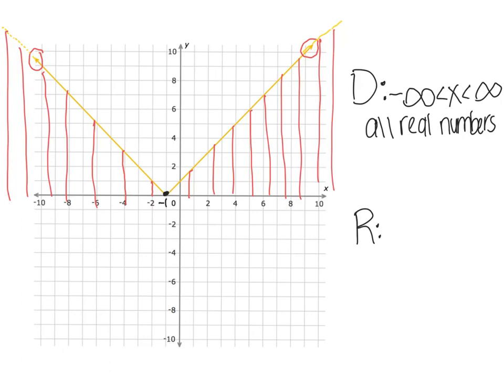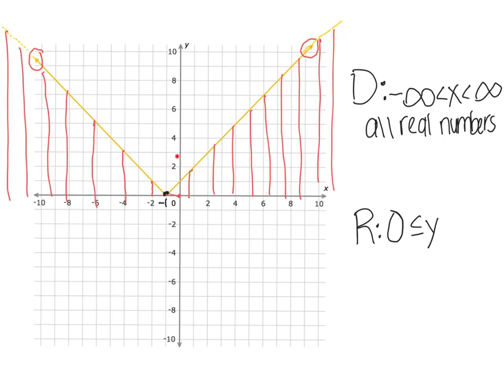So at this lowest point, I'm going to look over and see what the y value is. When I go over to the y-axis, it's at 0. So our y value at the lowest point is 0. It does not go any lower than that on the y-axis, only until here.